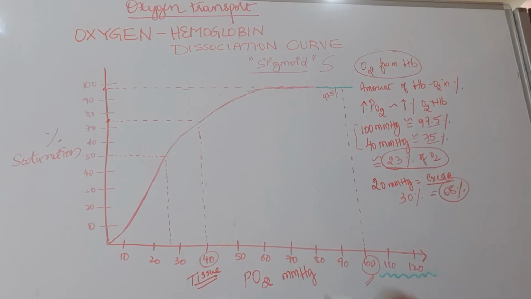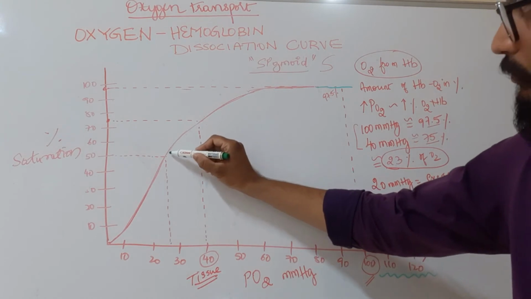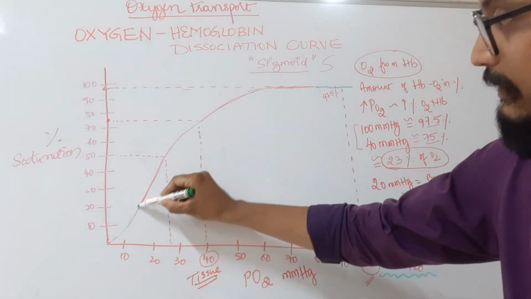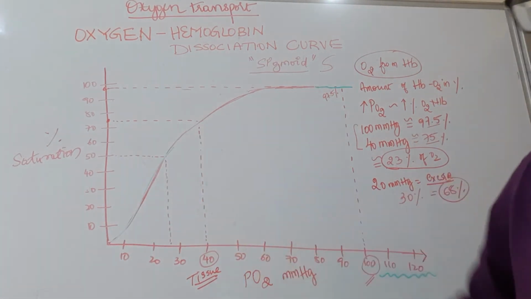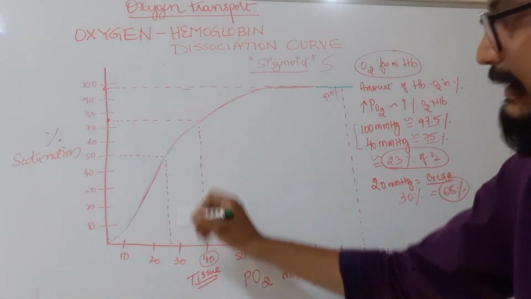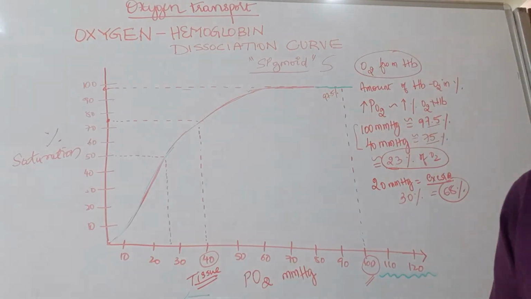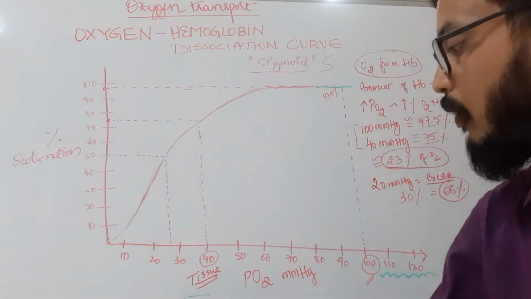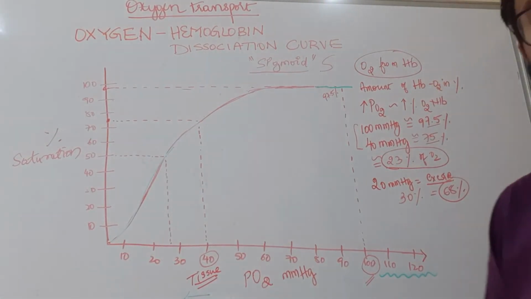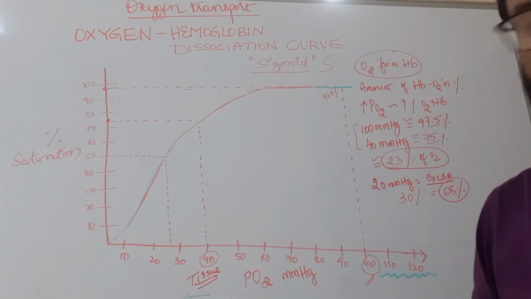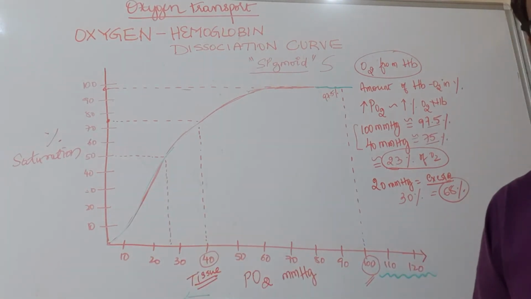However, in the steeper phase, it explains that with a little decrease in the partial pressure of oxygen, there will be more unbinding of the oxygen from the hemoglobin molecule.